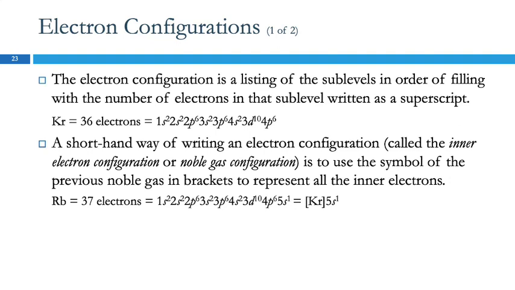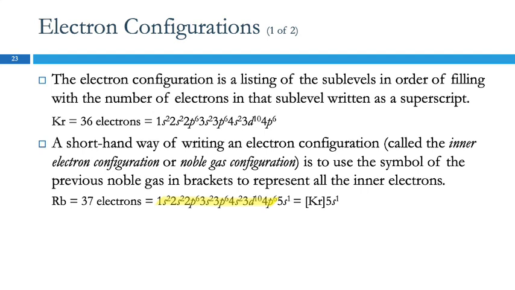So what we can do is say, well, here's rubidium with 37 electrons, right? Well, this part is the same as the electron configuration for krypton, right?